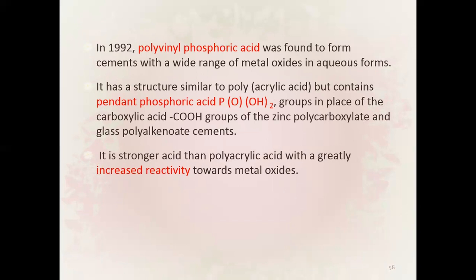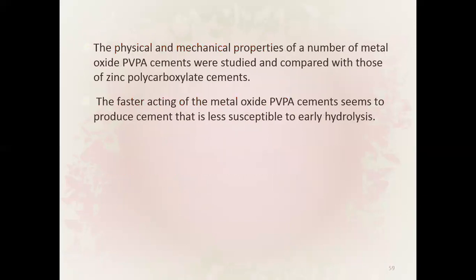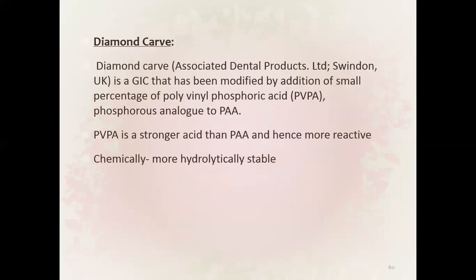It is a stronger acid than polyacrylic acid with a greatly increased reactivity towards metal oxides. The physical and mechanical properties of a number of metal oxide PVPA cements were studied and compared with those of zinc polycarboxylate cements. The faster acting metal oxide PVPA cement seems to produce cement that is less susceptible to hydrolysis.